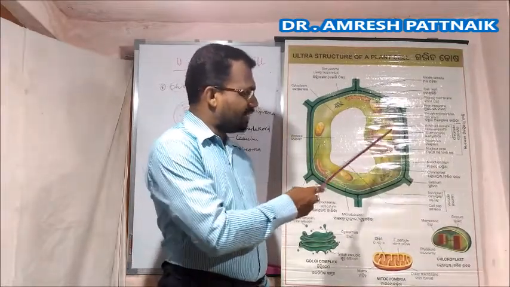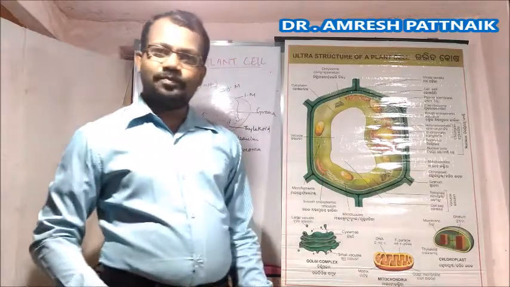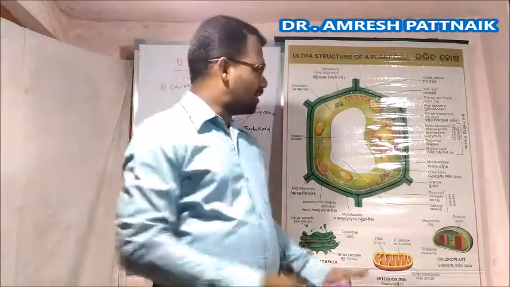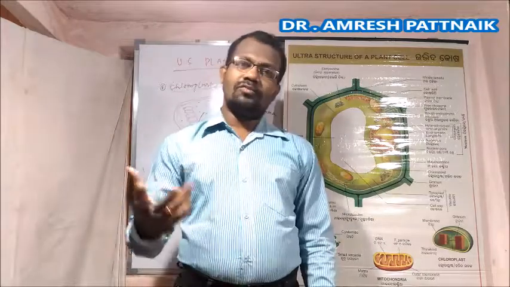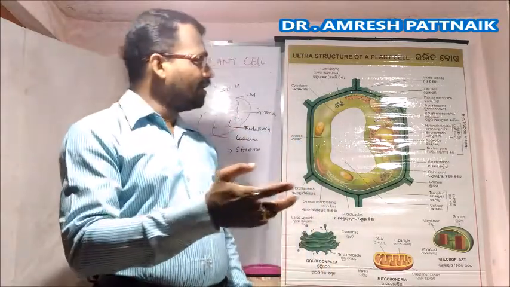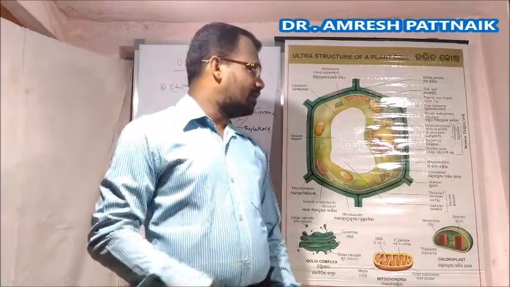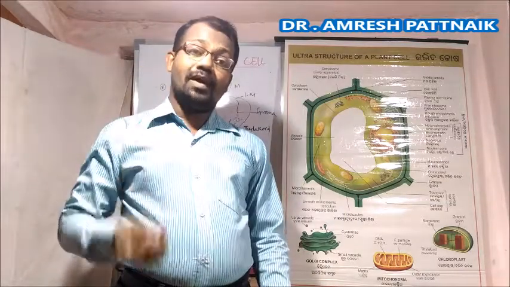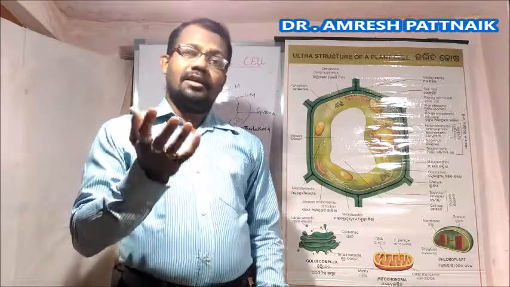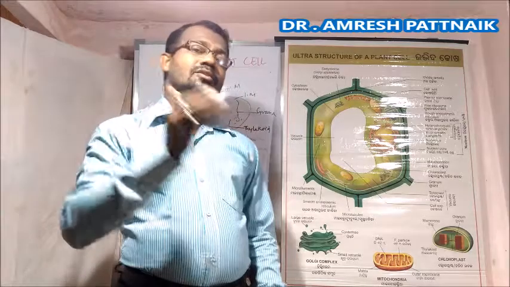Inside the nucleus you will find chromosomes, made of chromatins. Two types of chromatin you will find: one is euchromatin, one is heterochromatin. What are these chromatins meant for? They transmit the characters from one generation to the other.